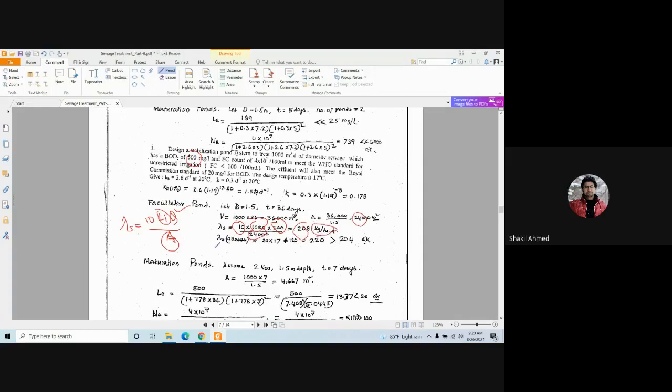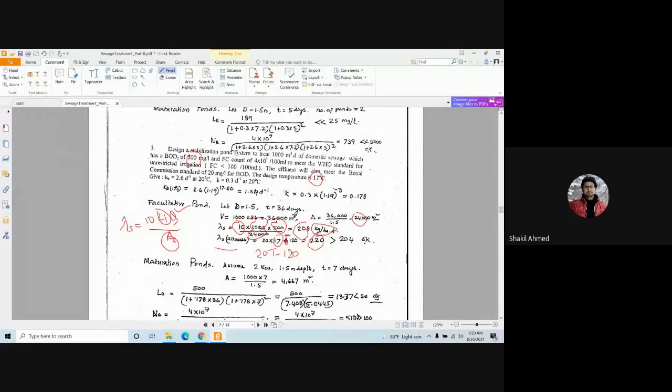Now we calculate lambda s allowable, which is 20T minus 120, right? This is the formula, 20T minus 120. So T is what? In degrees Celsius temperature, which is in our case 17 degrees Celsius. So you put 17 here. Okay. This is not plus, this is minus. So you'll get 220.